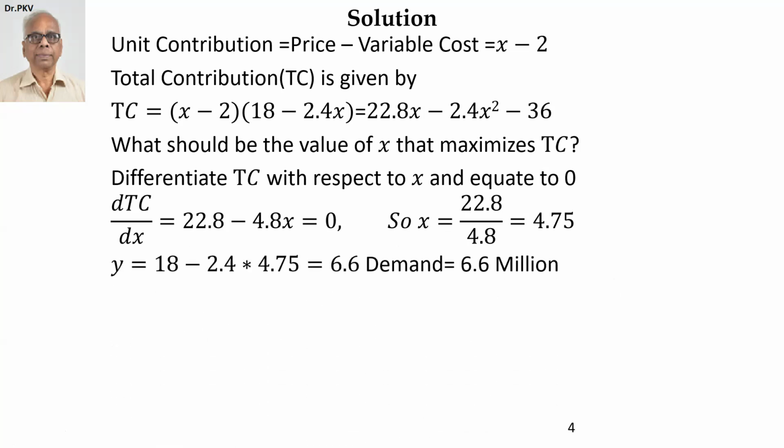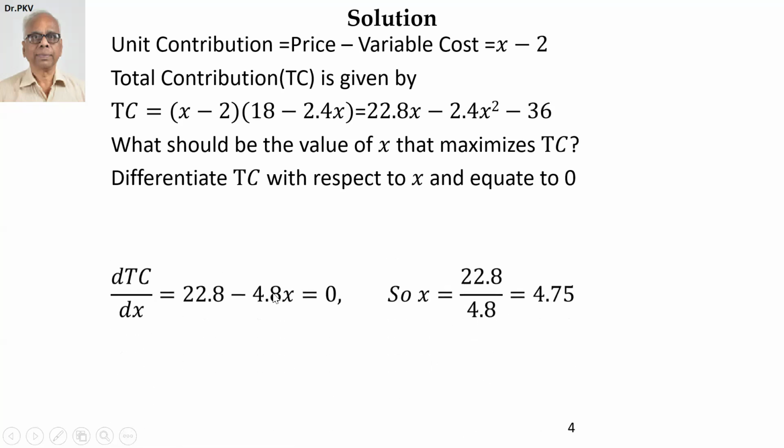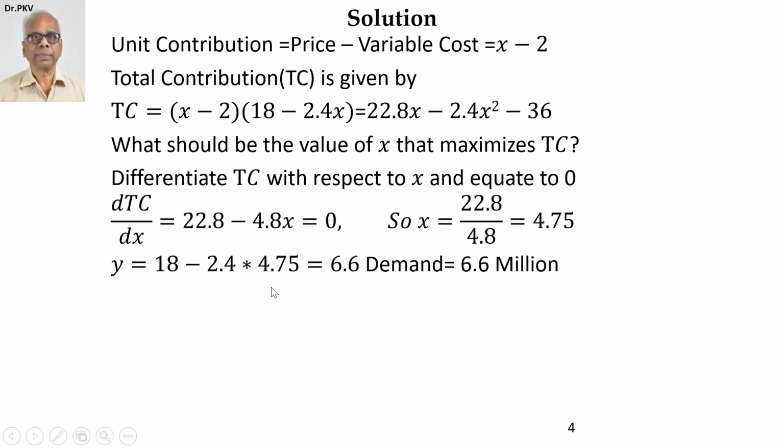And therefore, the demand is equal to 18 minus 2.4 multiplied by 4.75. This is equal to 6.6. That means the demand is equal to 6.6 million units. So what is the total contribution in dollars?